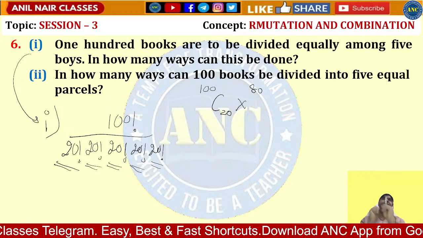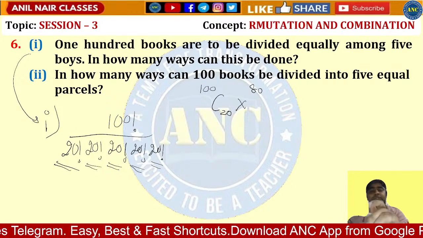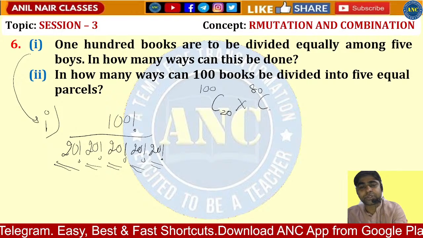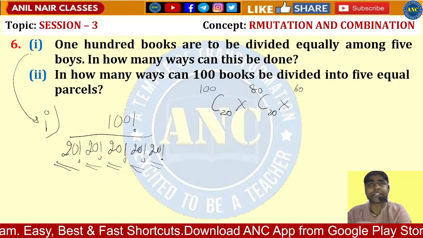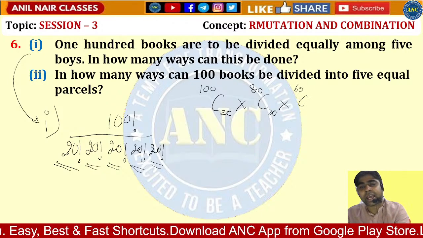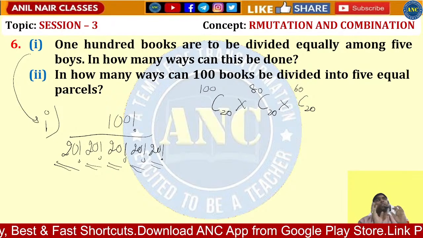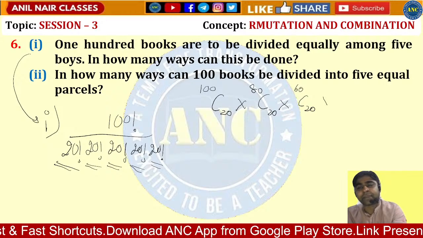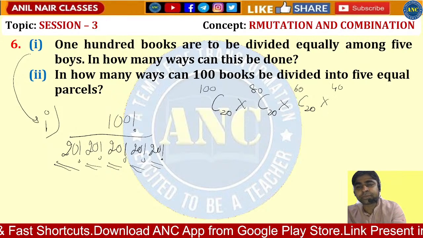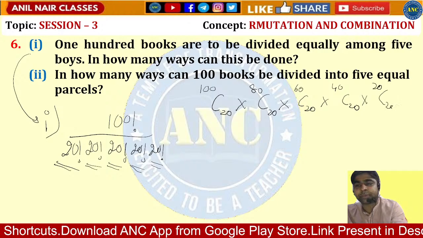So I pick up the second boy now, and I choose the 20 books that I am supposed to give to the second boy, and then I pick up the 60 books and I choose the 20 books I need to give to the third guy. Then I am left with 40 books. Then I am left with 20 books.